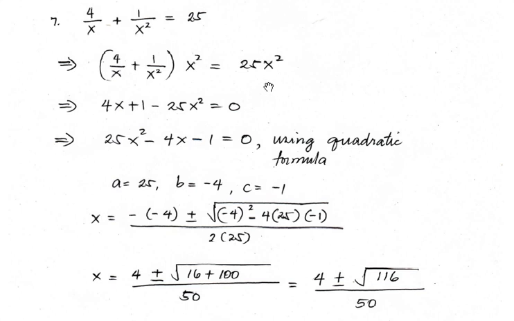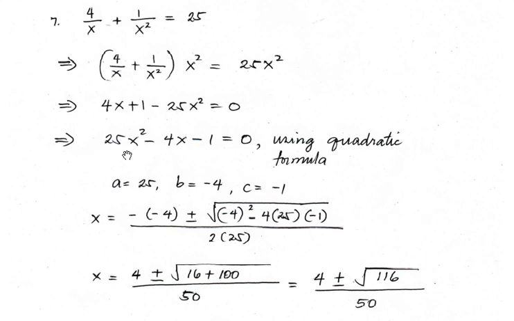So doing that, we have 4 over x times x squared. That's going to be 4x. Plus 1 over x squared times x squared is 1. And the minus 25x squared comes from the constant multiplied by x squared on the right-hand side, leaving the right-hand side 0. So rearranging the terms, I feel comfortable dealing with positive x squared.